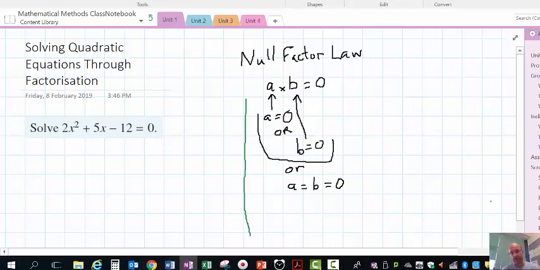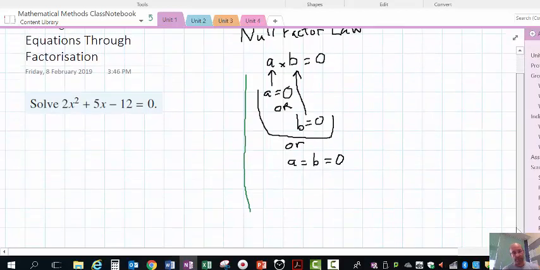So we see here with the example given, we need to go through the same process of factorising. In this case it's a non-monic. So the only difference at the beginning is that we've got equals 0 hanging on the end there. So let's have a look. We've got 2x squared.